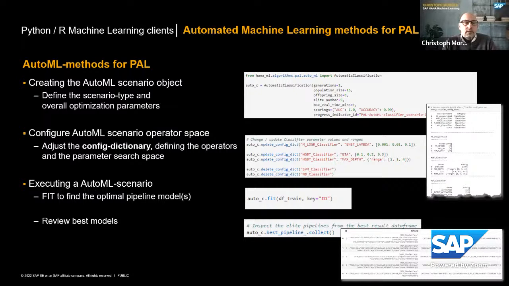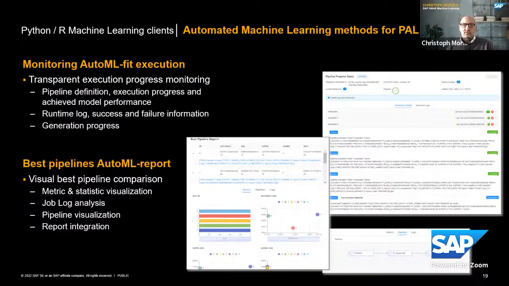We then specify the AutoML scenario by using, for example, update configuration dictionary, and with the fit function we call for the execution. After the execution has finished, we can then collect the best pipelines or inspect them and work with them, save them to a model storage location, for example, for later use.